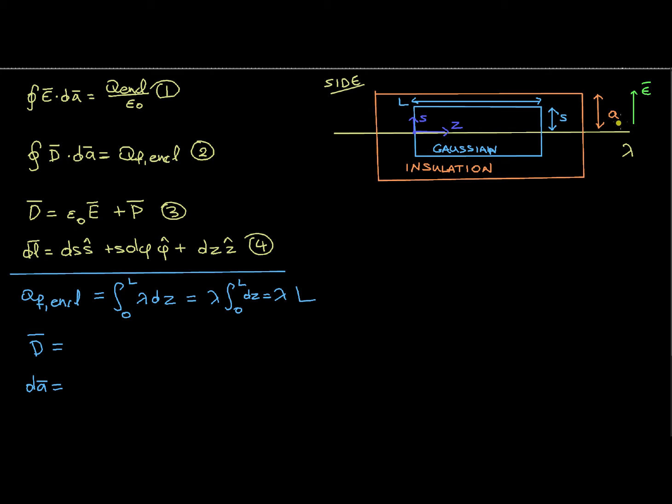That will be the s hat direction, according to my cylindrical coordinate system. So I would say the vector D I can write as D_s times s hat.